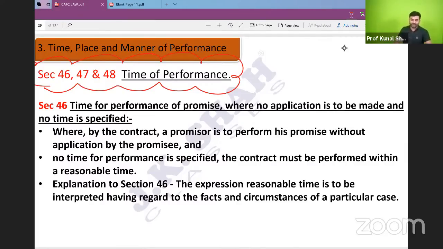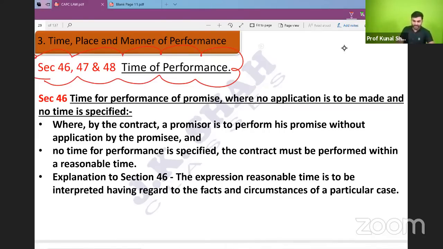What is section number 46 saying? Section 46 deals with time for performance of promise where no application is to be made and no time is specified. Means what? The promisee is not going to demand performance, and the time of performance is also not specified.